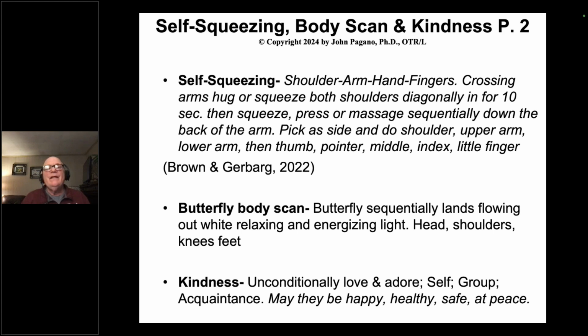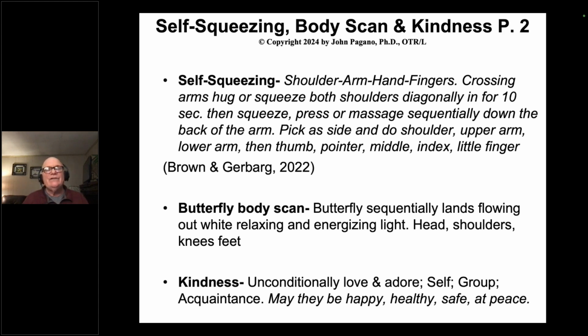Close your eyes and imagine that a golden butterfly has landed on your head, emitting white light. White light comes down from this butterfly and it relaxes and energizes the top of your head all the way down, flowing white light to your neck and your face.